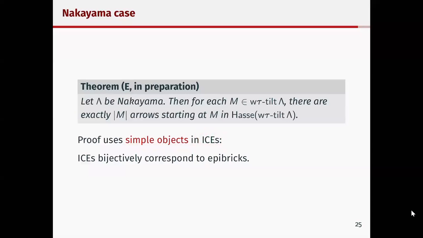And I previously showed that ICE-closed subcategories for a Nakayama algebra bijectively correspond to epibricks, and epibricks are a certain set of bricks, a generalization of semibricks, such that every map is zero or surjection.